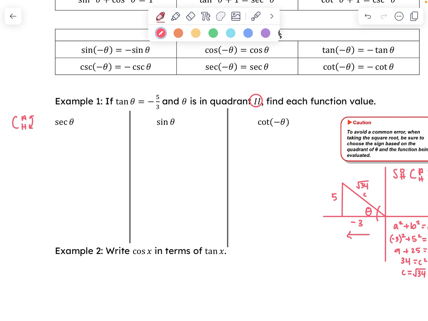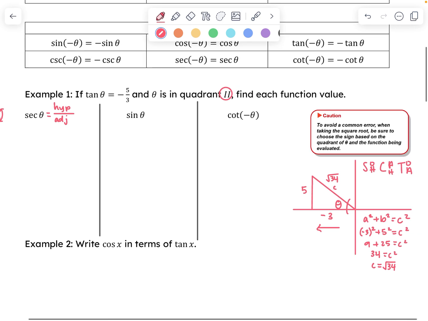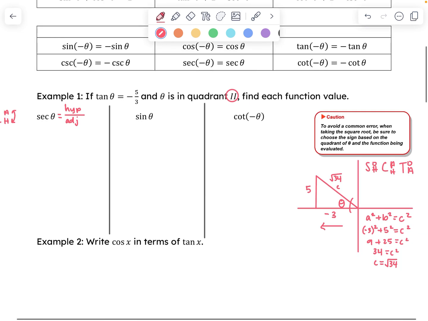So secant of theta, instead of adjacent over hypotenuse, would be my hypotenuse over my adjacent. So looking in my triangle that I have right there, my hypotenuse is that square root of 34. My adjacent is my negative 3. And that's my answer.